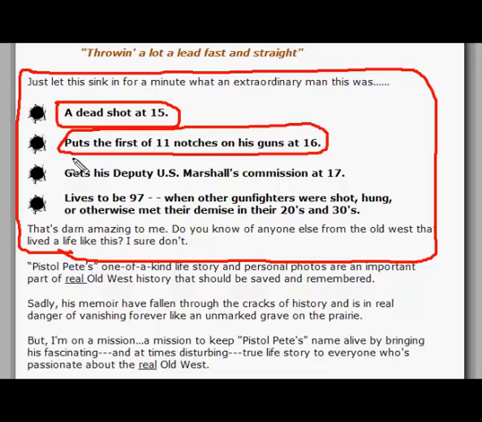Okay, and so you'll find out the young age at which he was able to place his first 11 notches. Okay, so rather than saying he puts the first 11 notches on his gun at 16, you say you'll discover the age. Okay, so instead of giving this, this is something that they would discover when they find out.